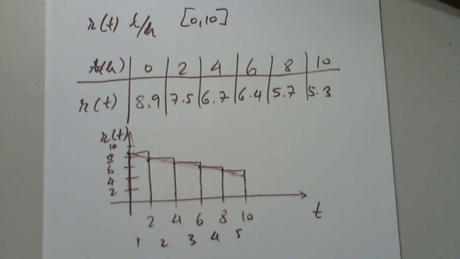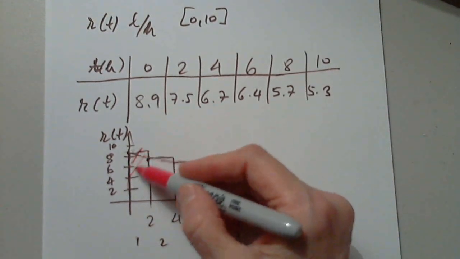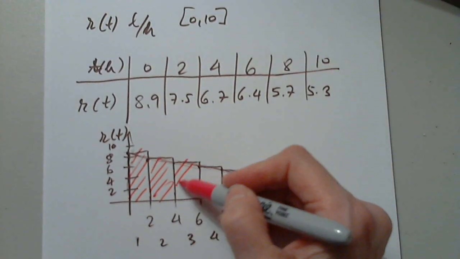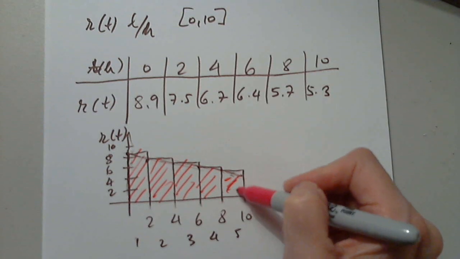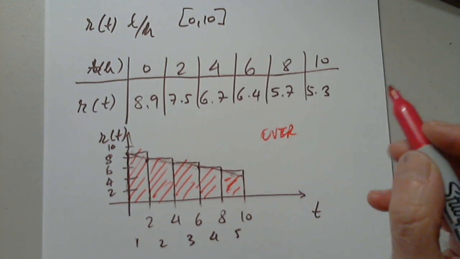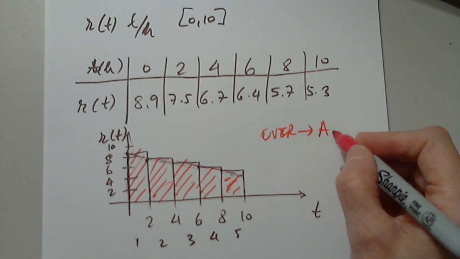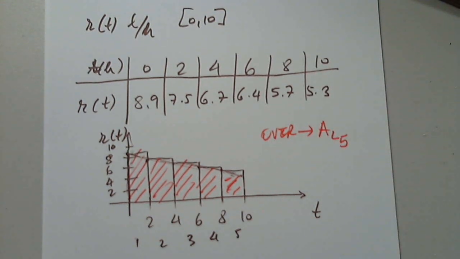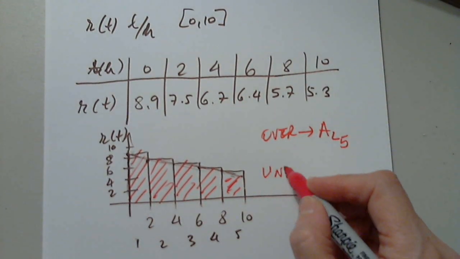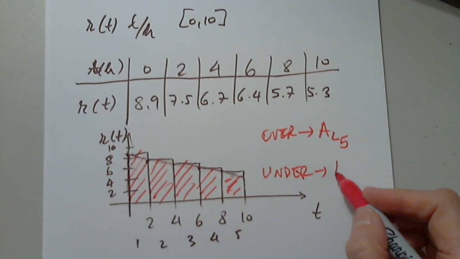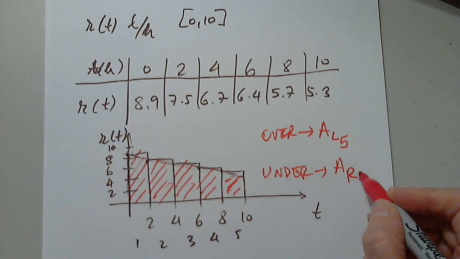So in order to determine the area, in other words, how much it leaked, I will be using the leftmost point for the overestimate. The overestimate will be the area with the leftmost 5. The under will be the area with right 5.